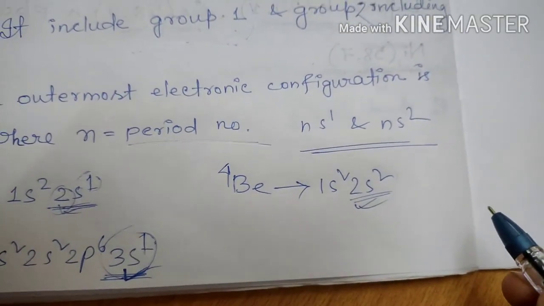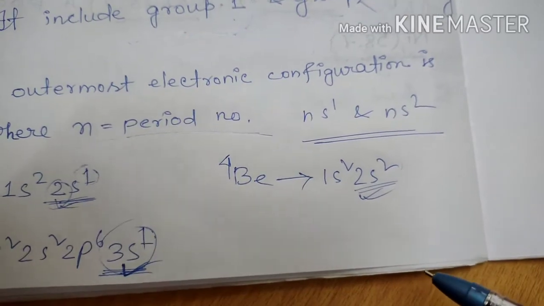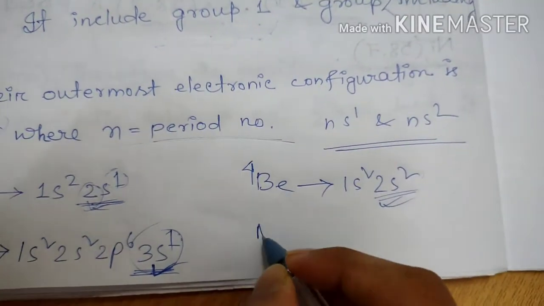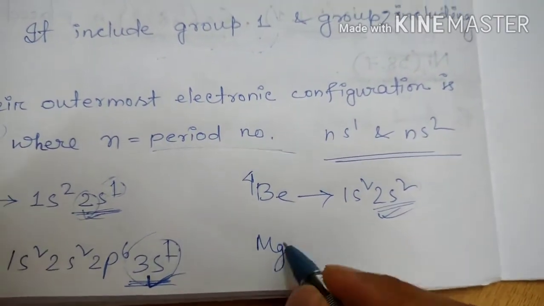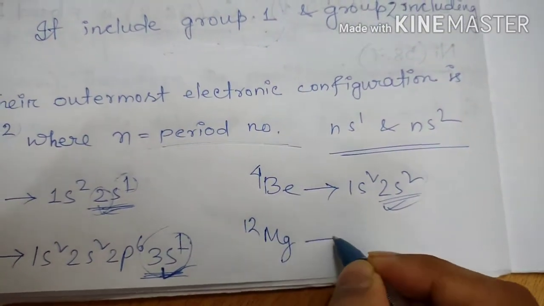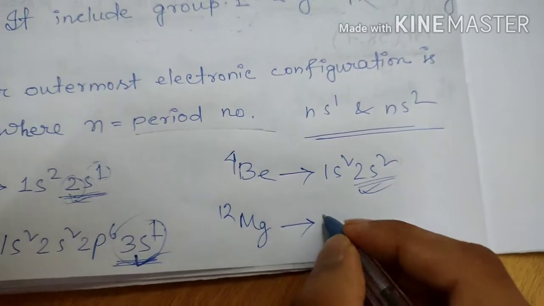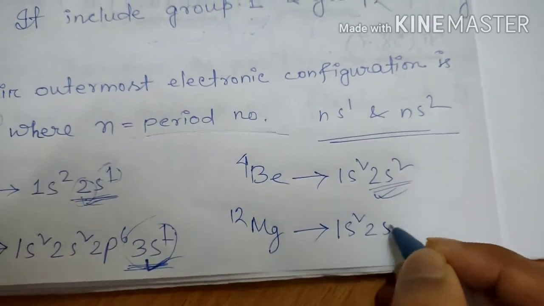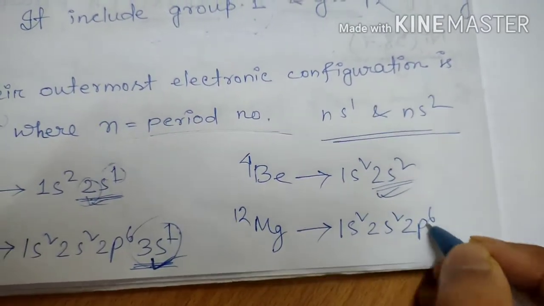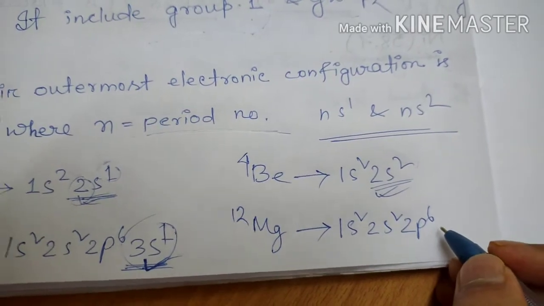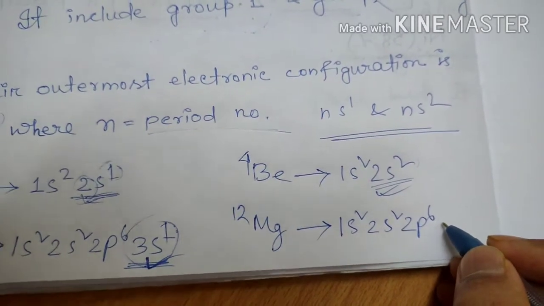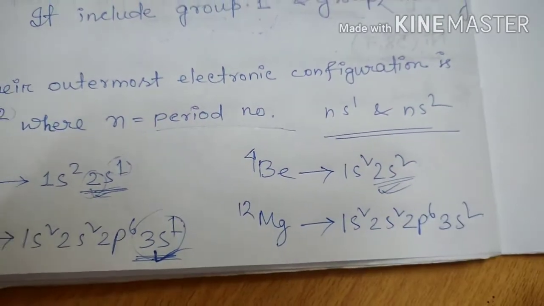Again, let me take another example, magnesium. The atomic number of magnesium is 12. So the electronic configuration will be 1s2 2s2 2p6 and 3s2.